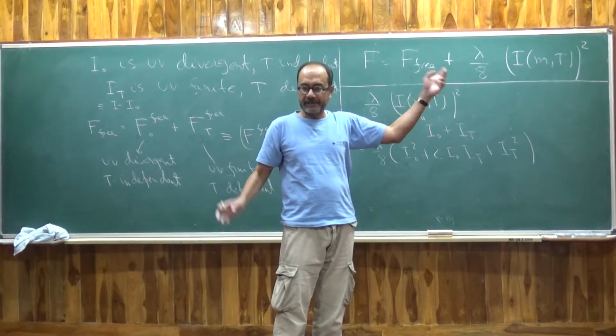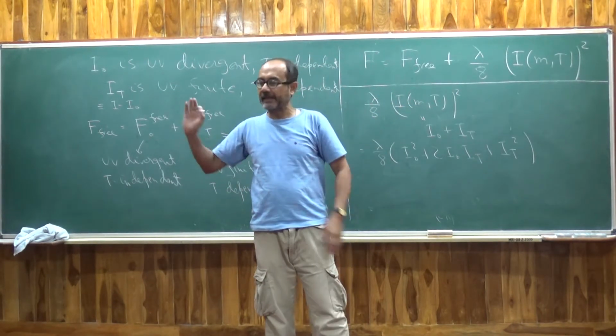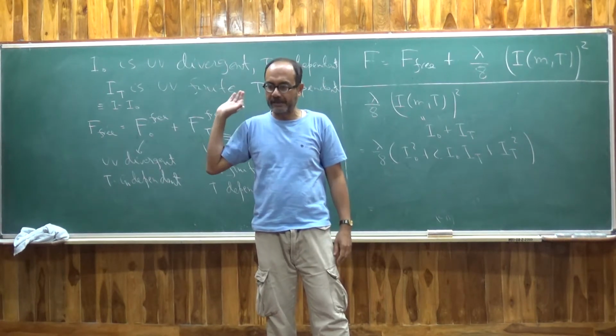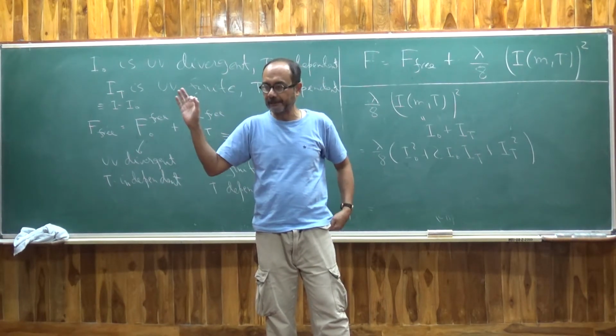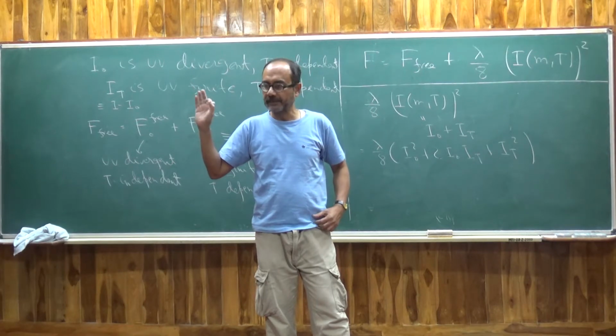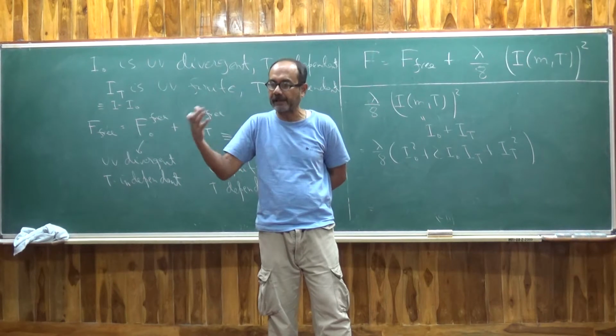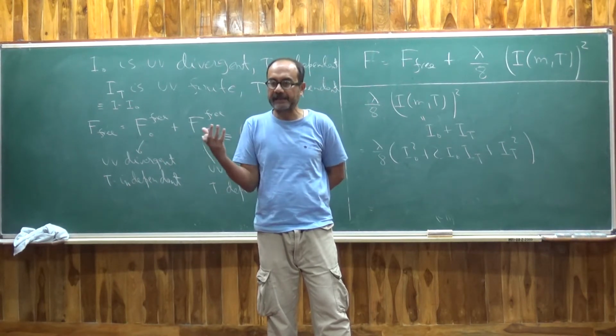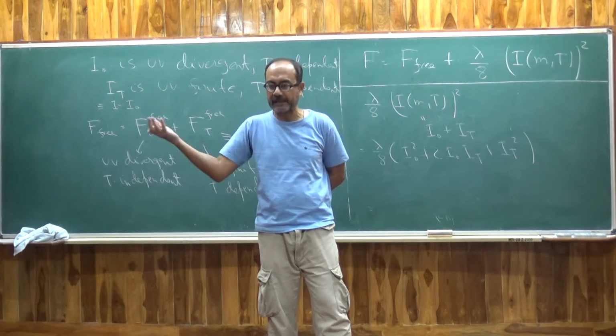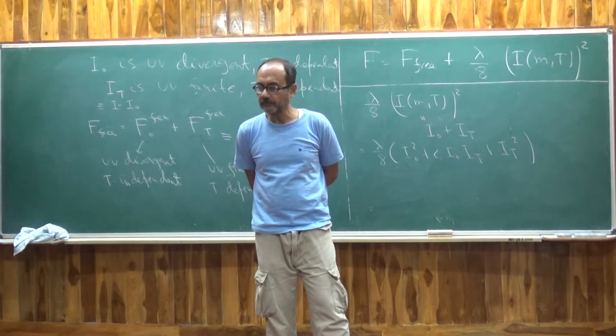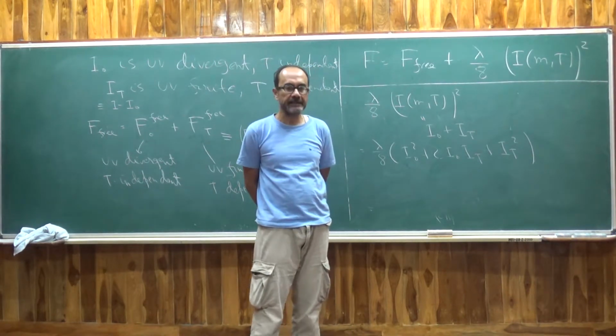You have to use that. You cannot renormalize differently at every temperature. That is the infinite part that you have removed, and that's universal. Is this point clear?